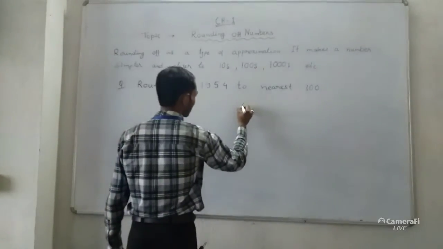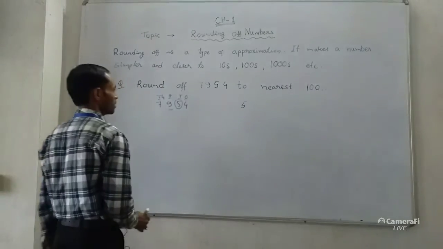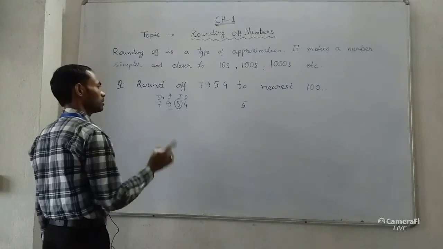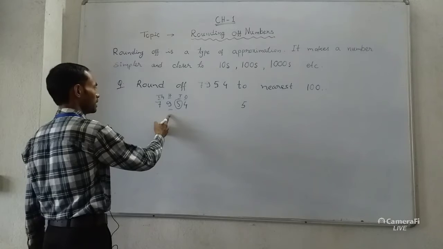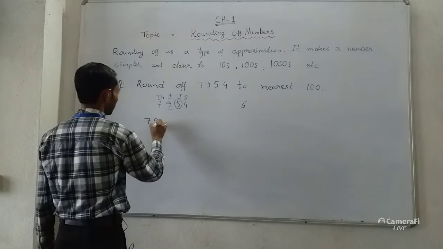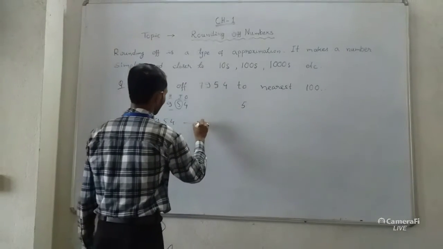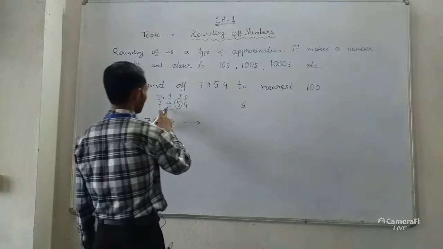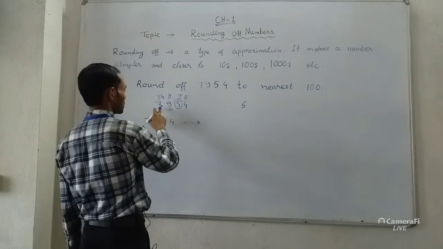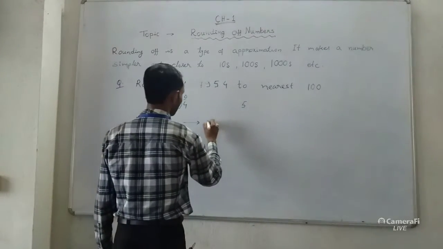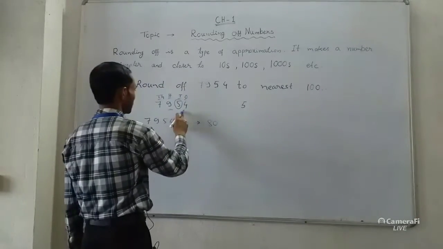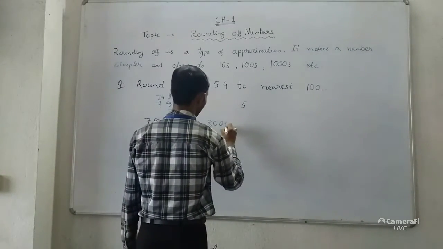In case of exactly 5, we will increase the hundreds place. So 7954 becomes, it will increase by 1. So 79 plus 1 becomes 80, and then the remaining 2 digits are 0, 0.